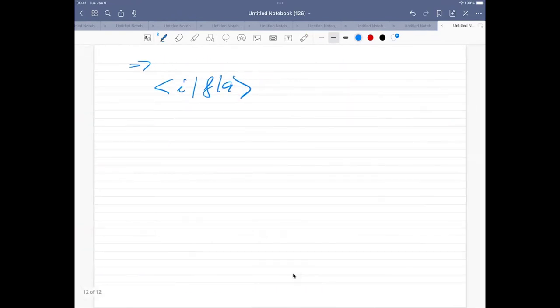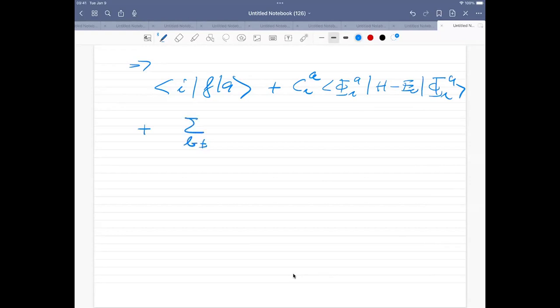So we can single out plus, and now we have a term which has a CIA, which is the unknown coefficient. And then I have my phi of IA, and then I have H minus E0, multiplied with phi of IA, plus, and now I have a sum of B different from A, and J different from I. And now I have a C, I have phi IA, and then I have H, but now I cannot have the E0 term because that is a constant, because these two states are different.